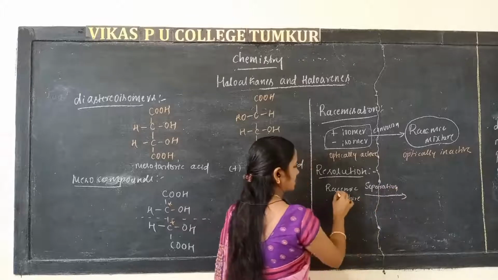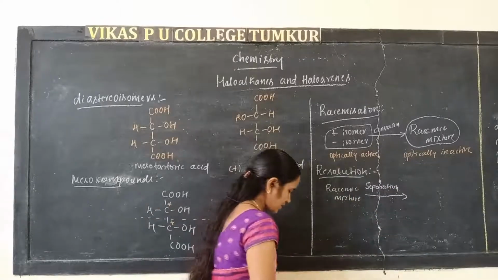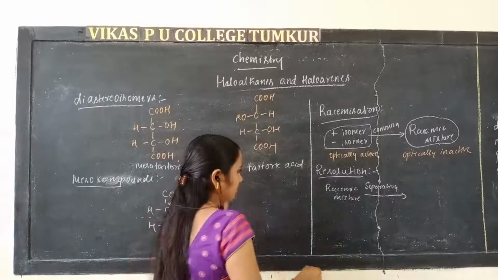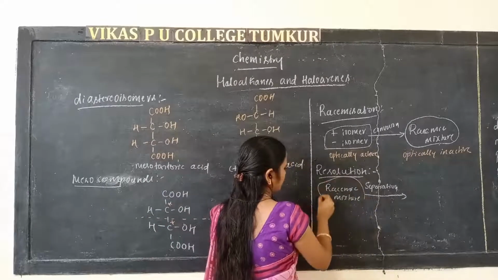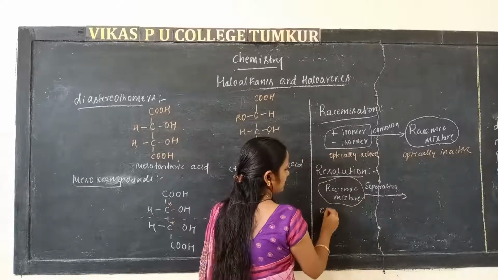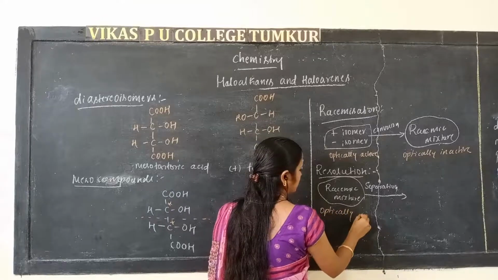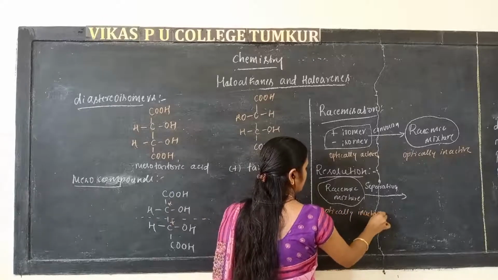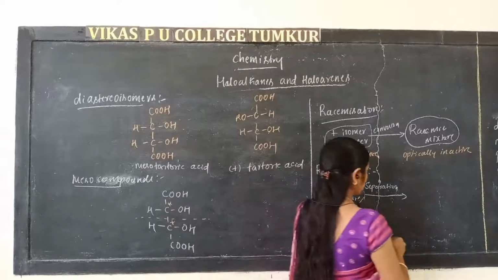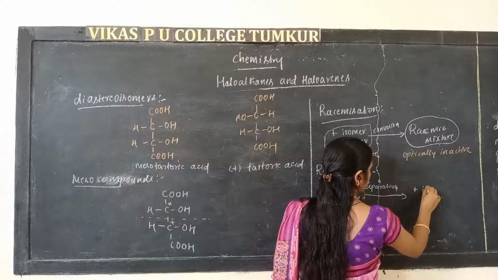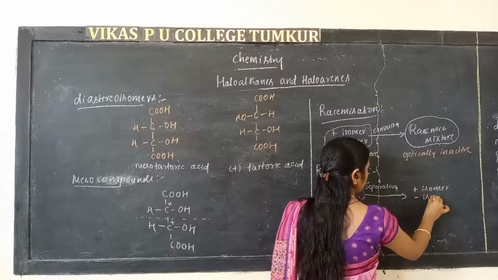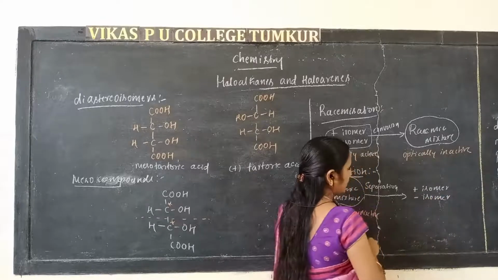That is, separation of the optically inactive racemic mixture is going to be separating as the optically active isomers, that is the dextroisomers and levoisomers.